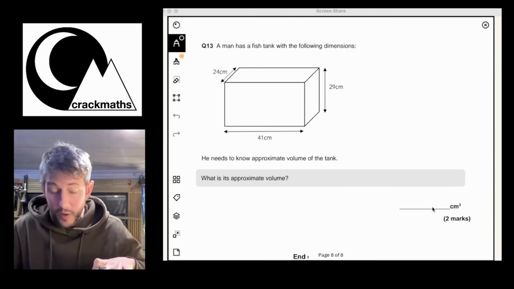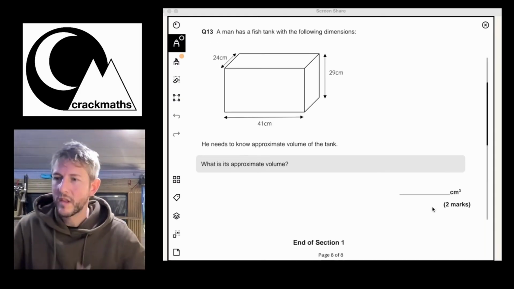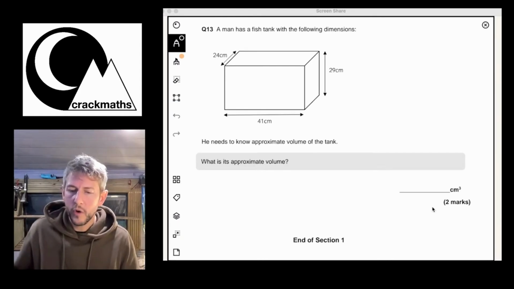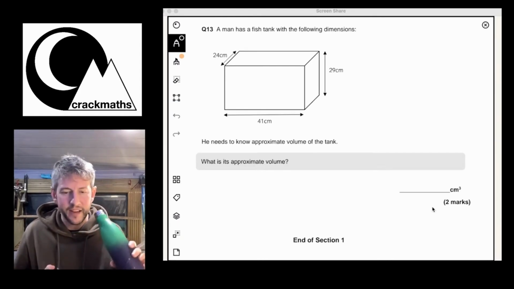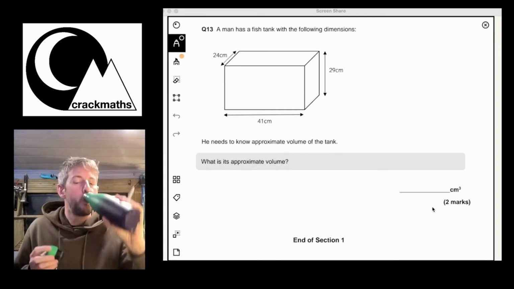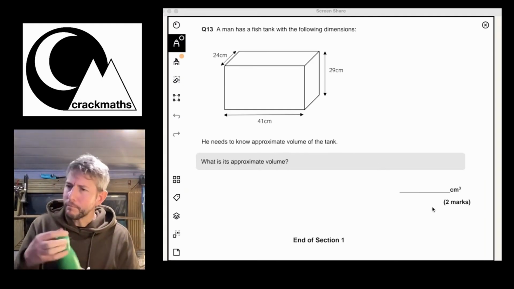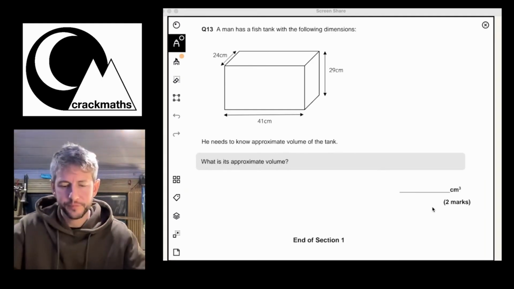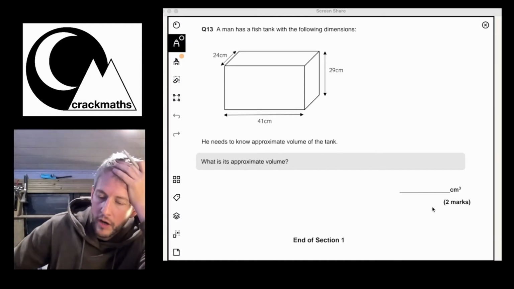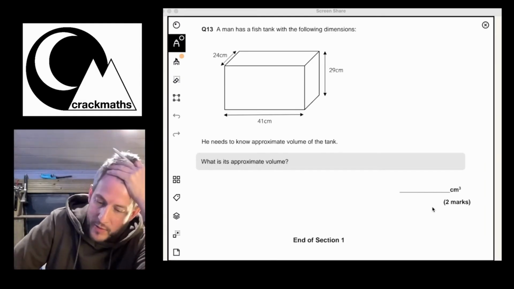Okay, question 13. Let's have a look at what's going on. A man has a fish tank with the following dimensions. We've got a width of 41, a height of 29, and a measurement here of 24.